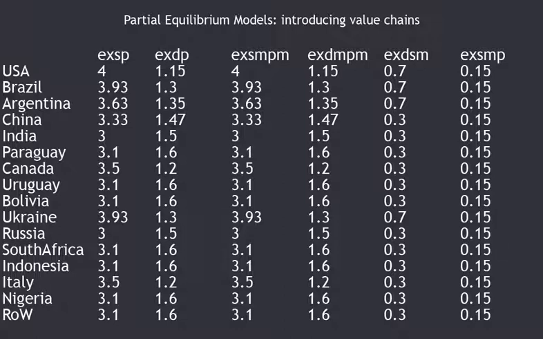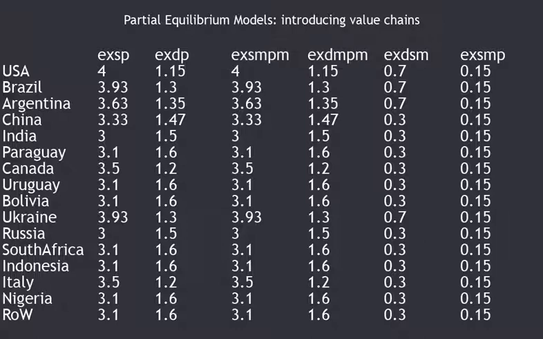Then we've got two elasticities, the same but for the meat sector, or the livestock sector. EXSMPM is the elasticity of the supply of meat with respect to the price of meat, and EXDMPM is the elasticity of the demand for meat with respect to the local price of meat.